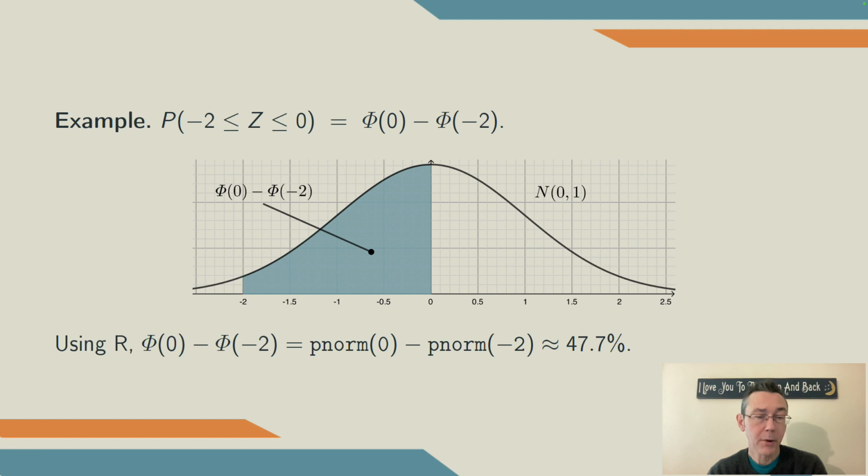For instance, the probability that z is between -2 and 0 is Phi of 0 minus Phi of -2. So I'm taking the area to the left of 0, that's pnorm of 0, which by the way is going to be 50%, and then subtracting off pnorm of -2, so the area to the left of -2. I do that arithmetic, and I get 0.477, 47.7%.